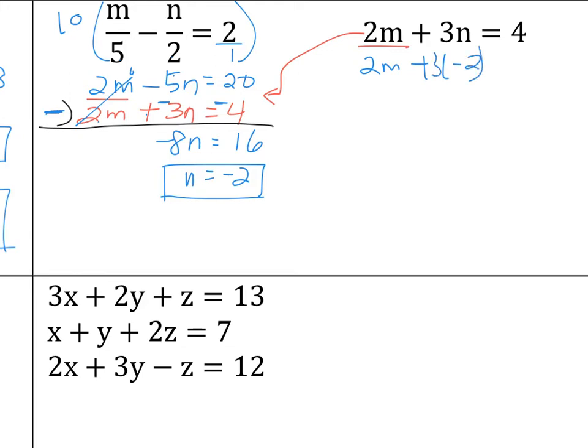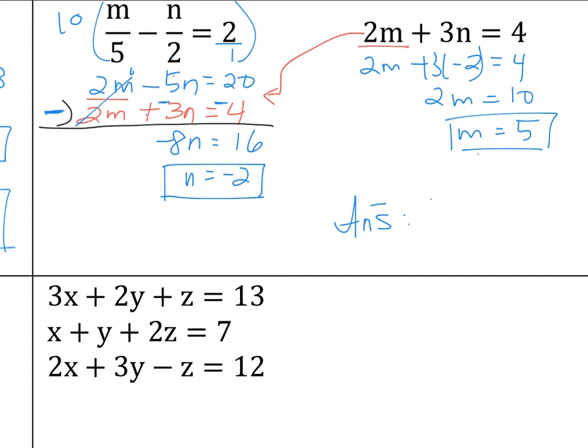Well, you could plug it in either equation, but this one, the second equation, is easier to work with. So 10m equals 5. So your answer will be, let's put it in alphabetical order, just like xy, so this is (m, n) will be (5, negative 2).